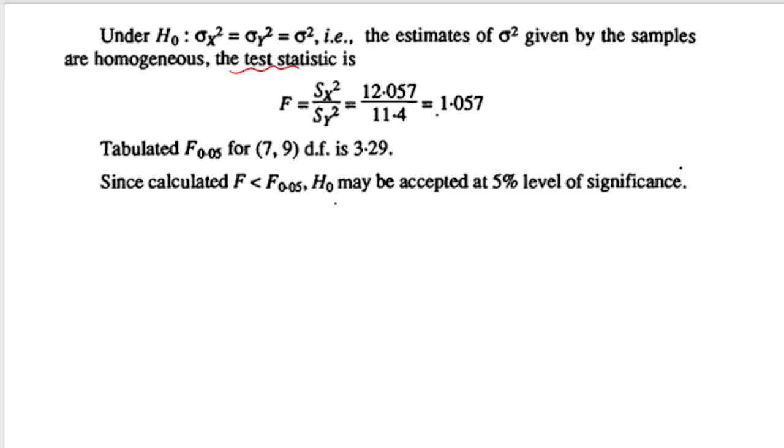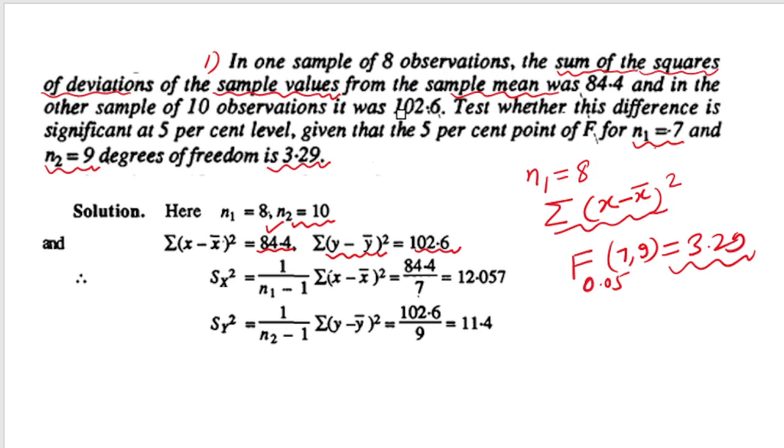So the test statistic is F equal to Sx square by Sy square. Now how is this Sx square calculated? It is calculated using the formula 1 by n1 minus 1 into summation of x minus x bar square. So n1 is 8, so it is 1 by 7 into 84.4, that is 12.057, and Sy square is 1 by n2 minus 1, so 1 by 9 into 102.6, that is 11.4.